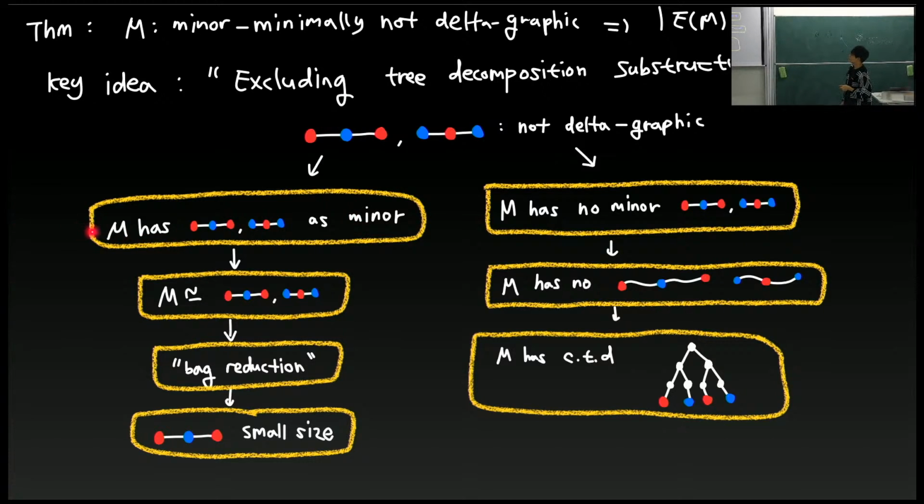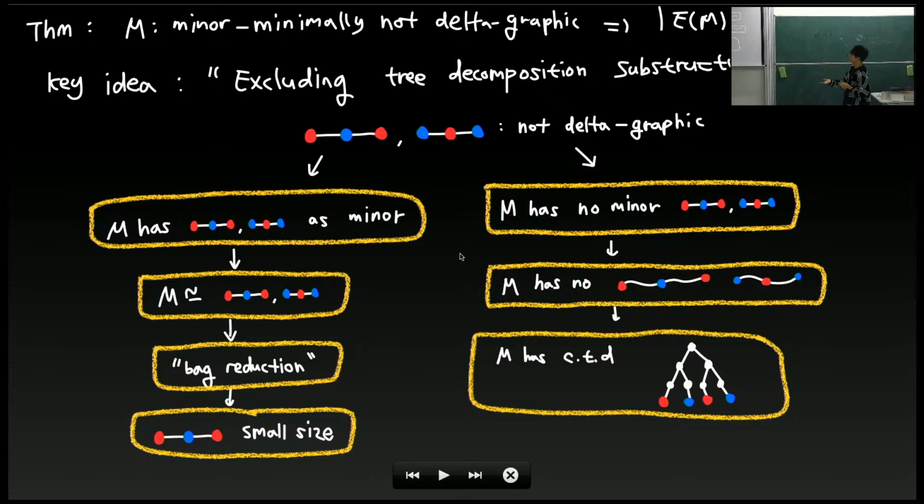So suppose that M has this structure as a minor. Since M is minor minimally not delta-graphic, if it contains this structure as a proper minor, then it is a contradiction for the condition of M. So actually M should be isomorphic to this one.